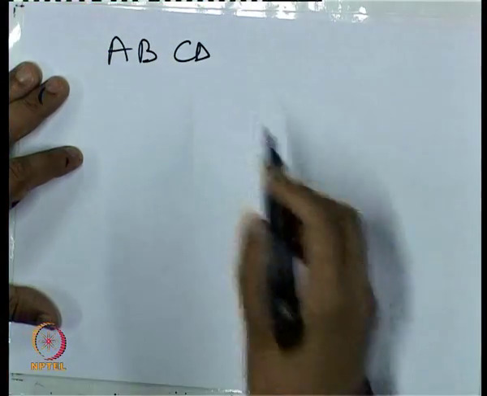Now we were discussing the ABCD parameters. Let us try to find out the ABCD parameters of some common circuit elements that we have been discussing, especially the distributed circuit elements, if we consider a simple transmission line.